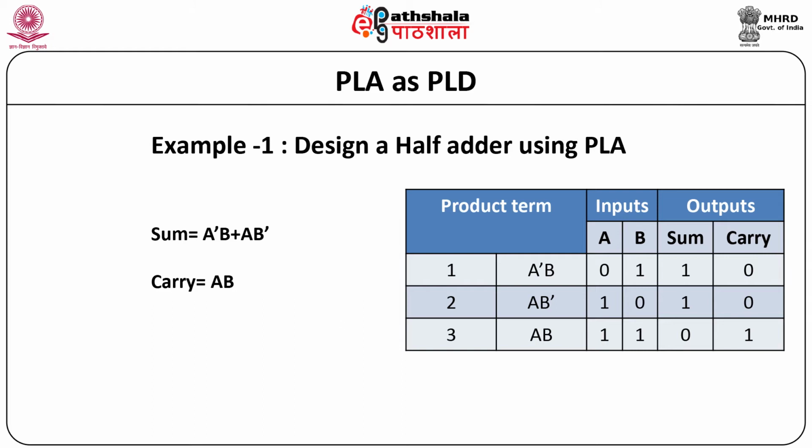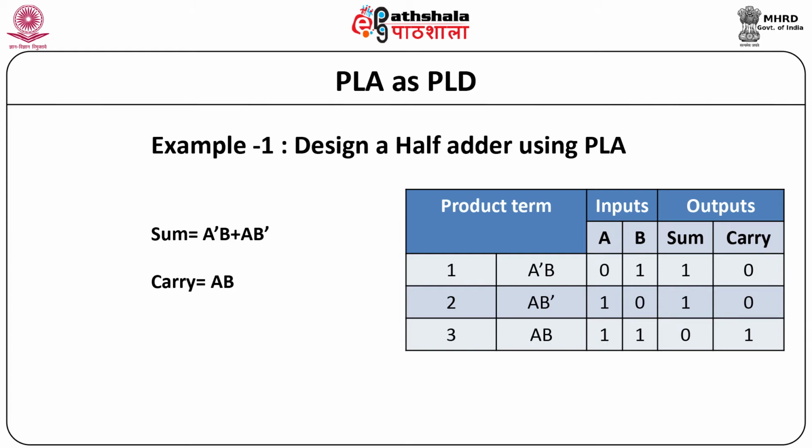So, let us prepare the program table for implementation of half adder using PLA. The PLA program table contains product terms, inputs A and B along with outputs sum and carry. The first product term is A bar B, hence A is 0 and B is 1, indicating complemented A and uncomplemented B are present.